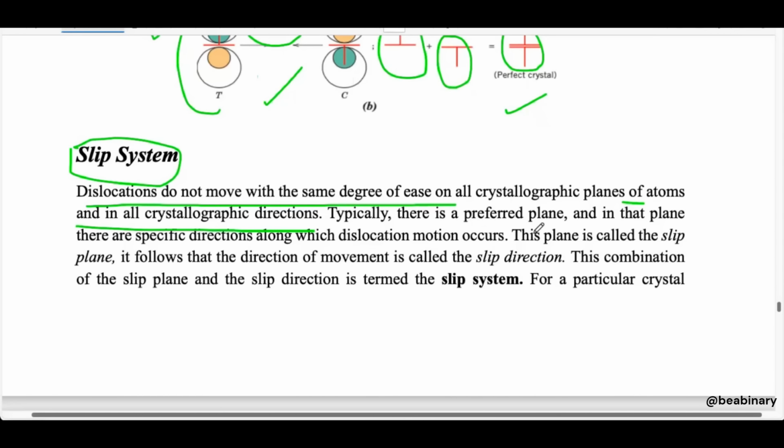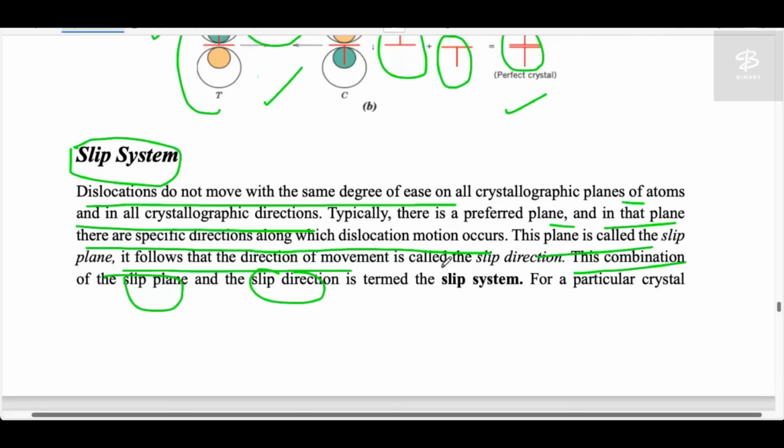Typically there is a preferred plane, and there are specific directions along which the dislocation motion occurs. This plane is called the slip plane, and the direction of movement is called the slip direction. This combination of slip plane and slip direction is known as your slip system.